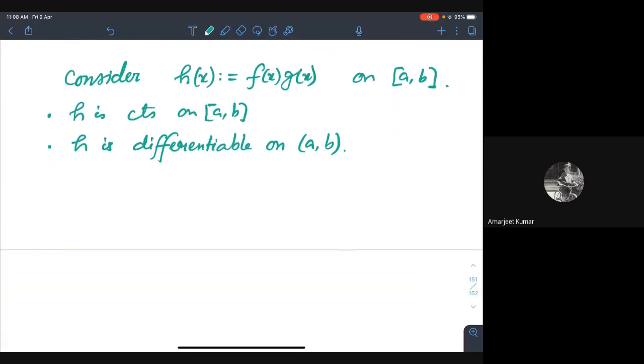Now, what about integrability? Since f and g both are integrable, h is also Riemann integrable on [a,b].